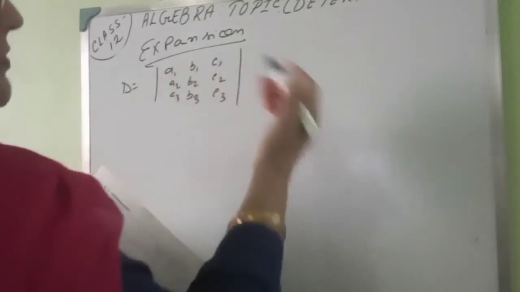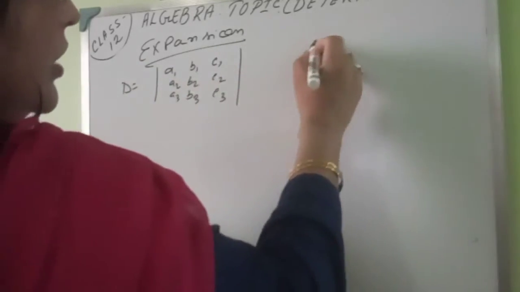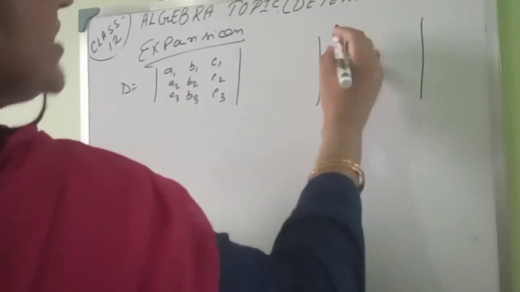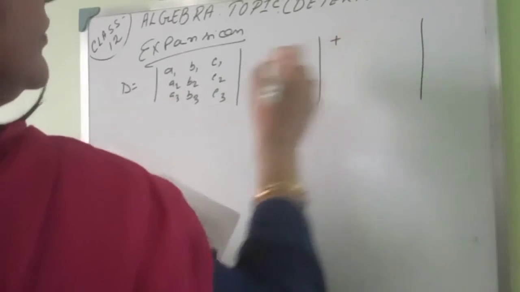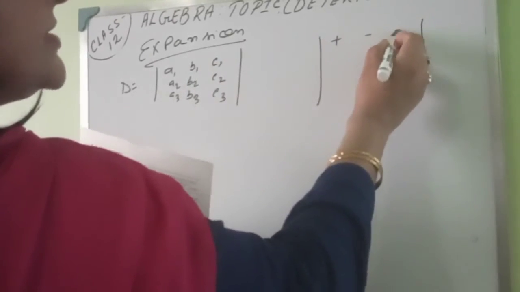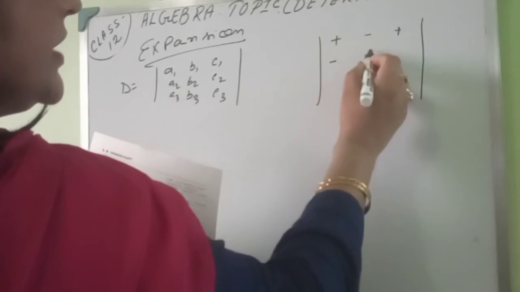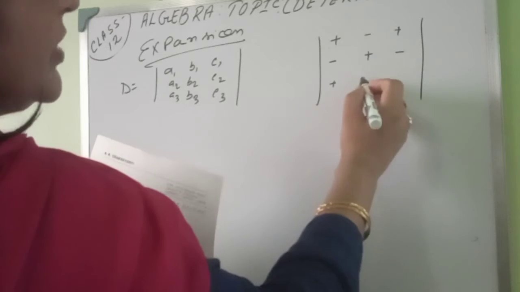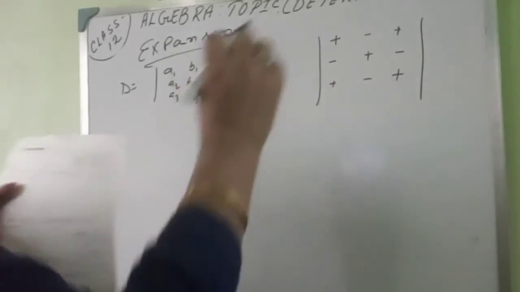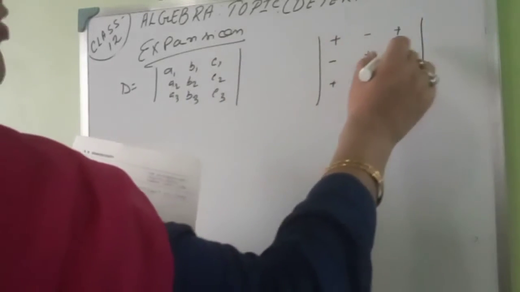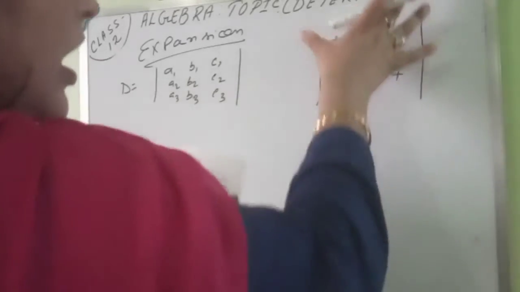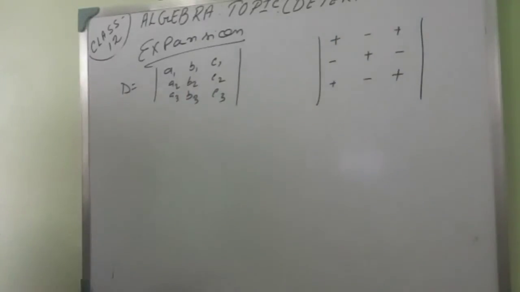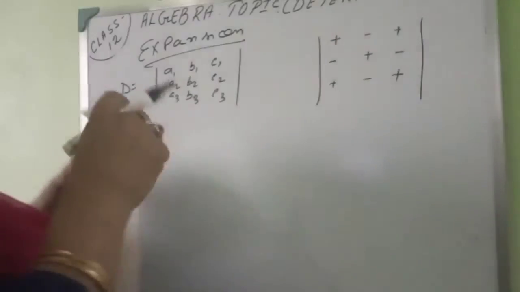Okay. Now what is the sign? Sign means for expansion we have to follow the sign. What is the sign? First plus, then minus, then plus, then again minus, then again plus, then minus, then again plus. The alternate plus minus will come. So plus minus plus, minus plus minus, plus minus plus.